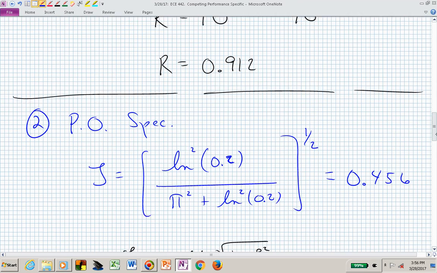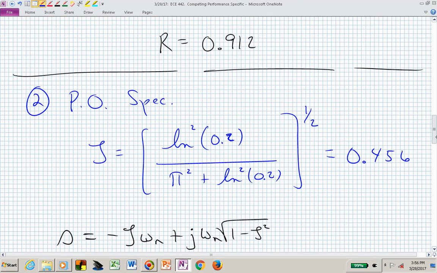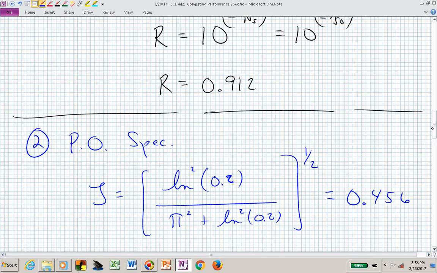With a zeta value of 0.456, we could find the intersection of this logarithmic spiral curve of 0.456 with this radial distance away from the origin of 0.912, and find that intersecting point to give us our complex pole location.